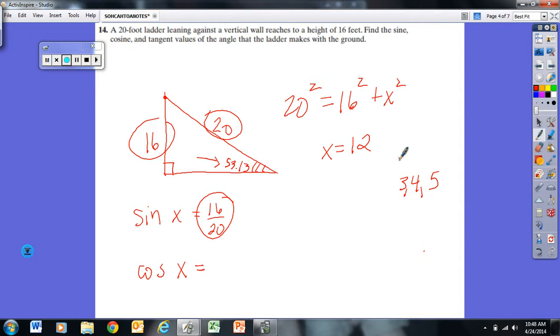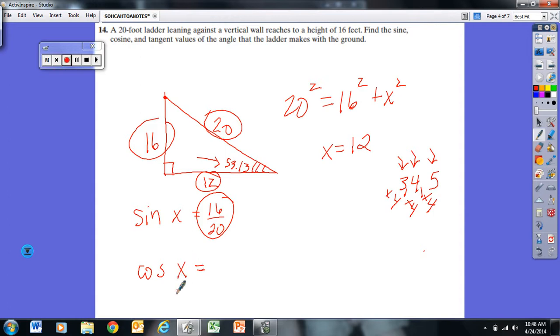Any triangle with side lengths that are multiples of 3, 4, and 5 is always going to form a right triangle. So I noticed that 16 was 4 times 4, and 20 was 5 times 4, so the other side must have been 3 times 4. It's called a Pythagorean triple. It's really, really useful, and it's helpful in finding missing sides of triangles.